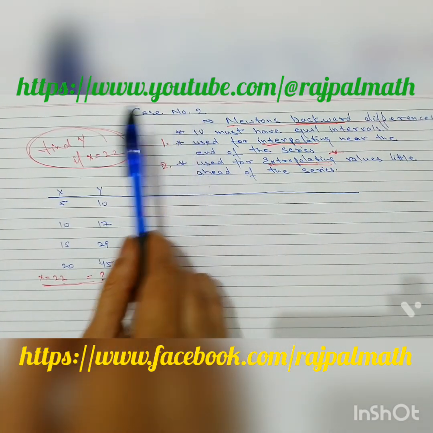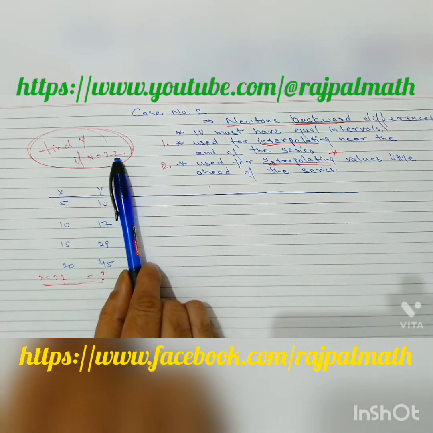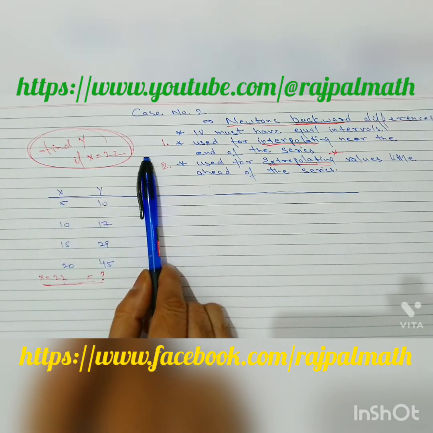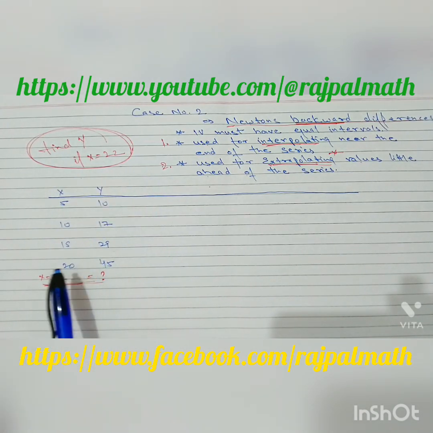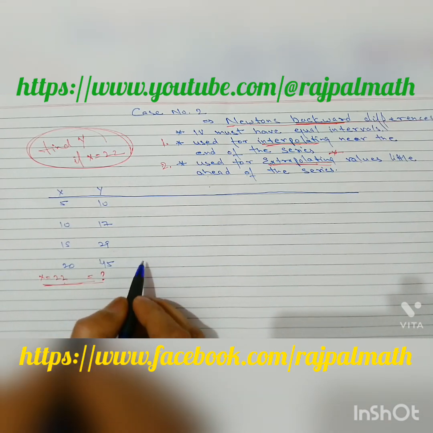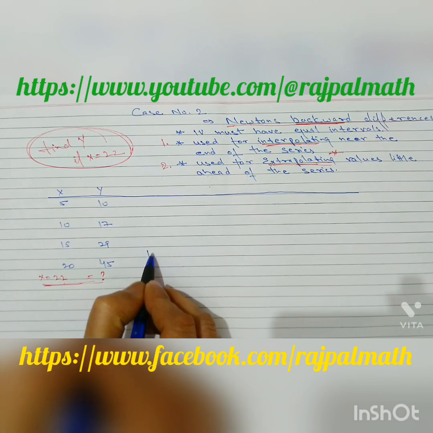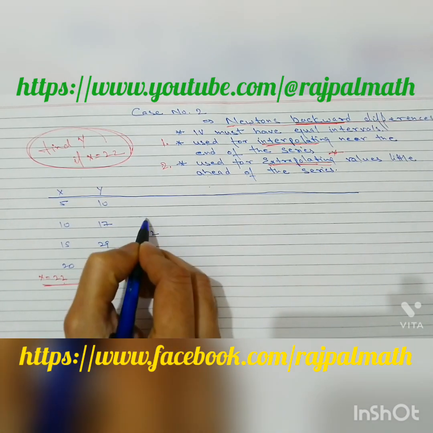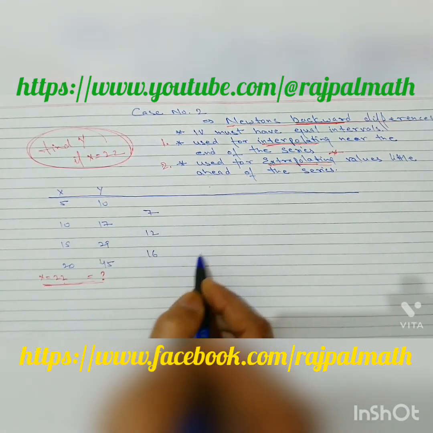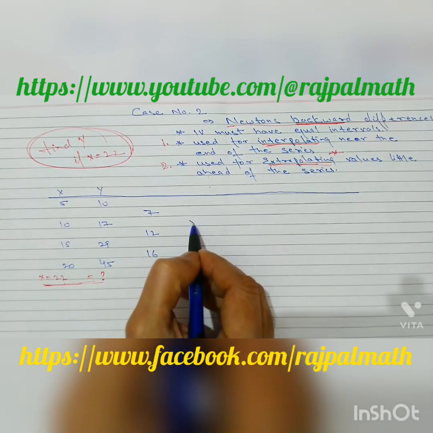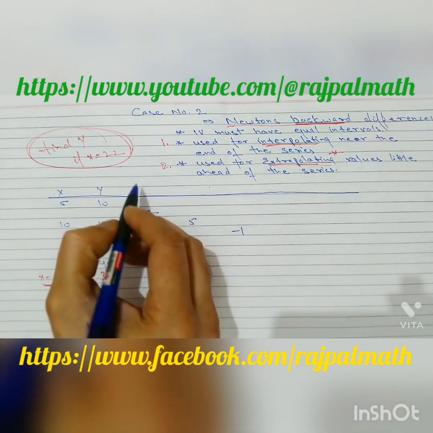Therefore, we can use Newton's backward differences method. First case was Newton's forward differences method for interpolating the value. This method is for extrapolating the values. This is the extrapolation case. To find differences: same 16, 12, 7, same 4, 5, minus 1.